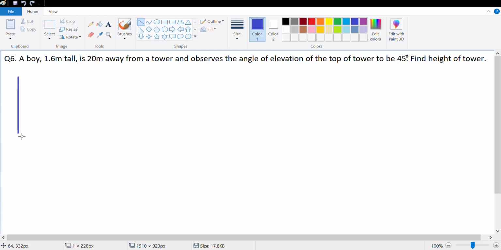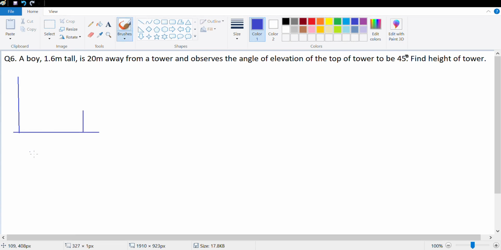Which means this question is slightly different from the type of question that we've done earlier where the observer was basically a point. In this case the observer has a height. So this is my tower and there is a boy who's 1.6 meter tall and he is 20 meter away from the tower. Perfect. This is approximately how your drawing will look like.